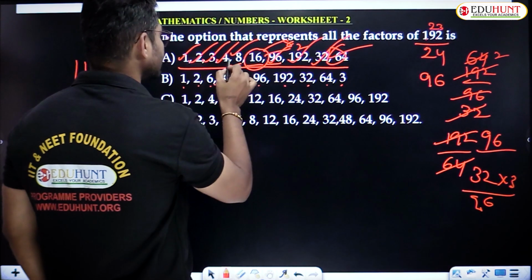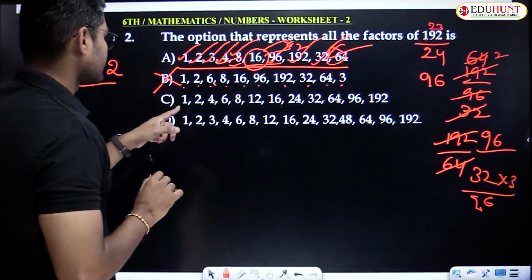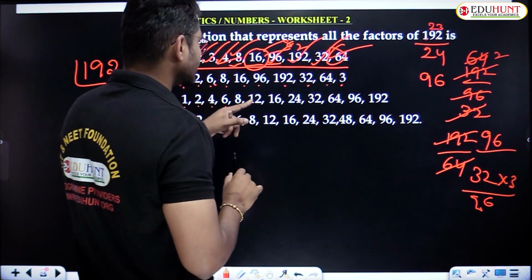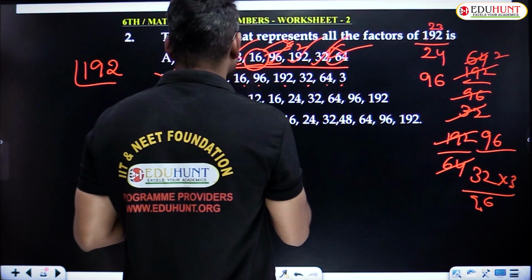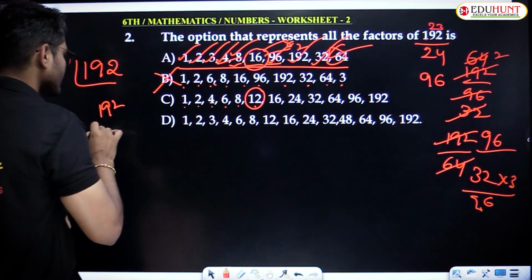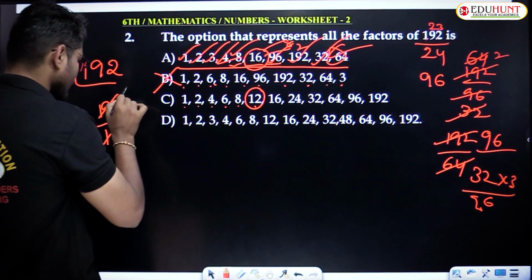So here 4 is missing. 4 is in the options, but it is missing here, therefore this option is wrong. Next, 1, 2, 4, 6, 8, 12. In 12 table, do we get 192? Let's check. 192 by 12. 12 ones are 12.